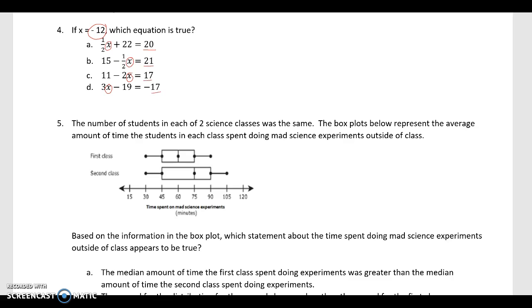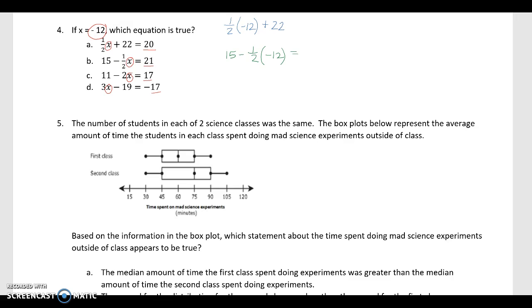So the first one, you're going to do 1/2 of negative 12 plus 22. And you're going to see if that equals 20. Then you're going to plug in the next one, 15 minus 1/2 times negative 12. And you're going to see if that equals 21.